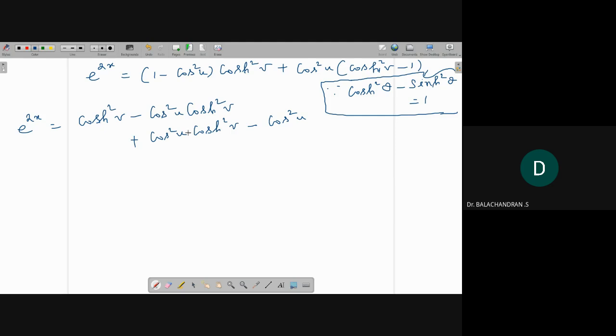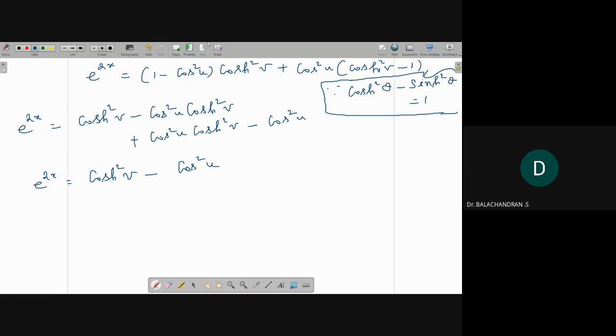So you can cancel the second term and third term. Remaining, you have e power 2x is equal to cos h square v minus cos square u.